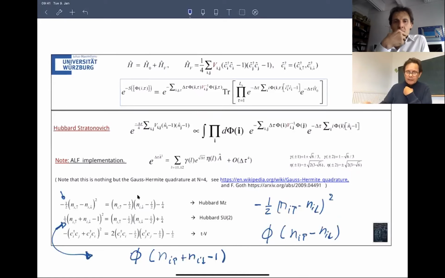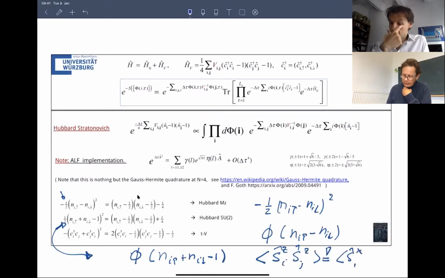But because this is exact, it has to come back to the right result. So if you measure the zz correlation functions between i and j, that should be equal to the x-x, between the x and the y.